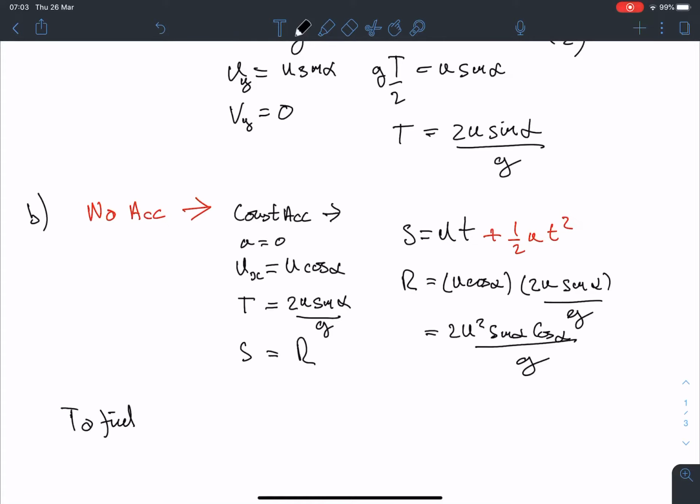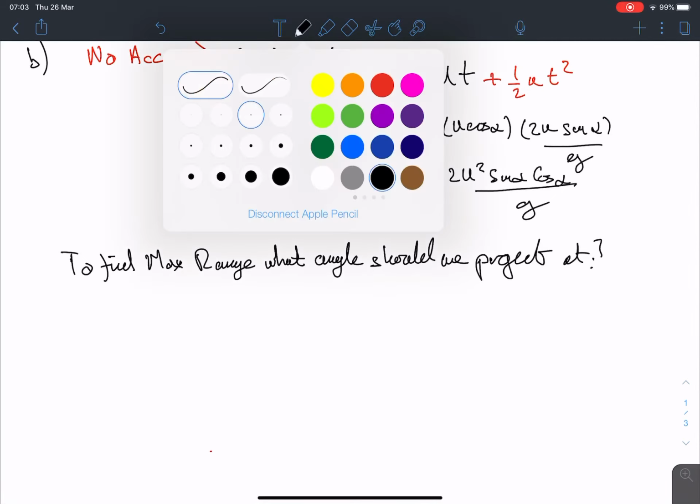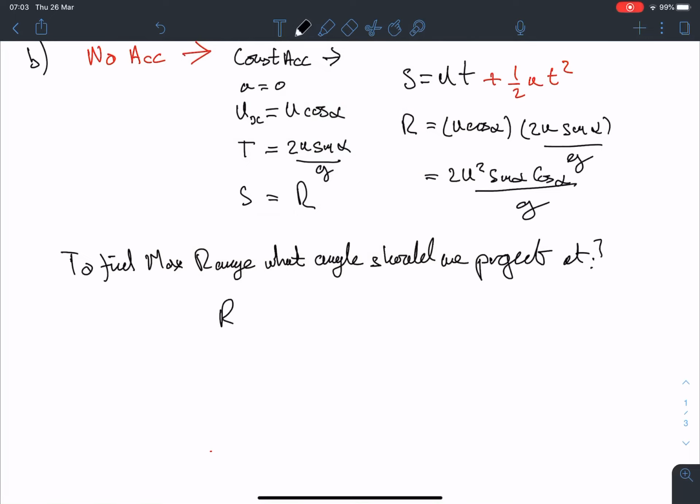So to find max range, what angle should we project at? So we've got R equals 2u squared sine alpha cos alpha over g.